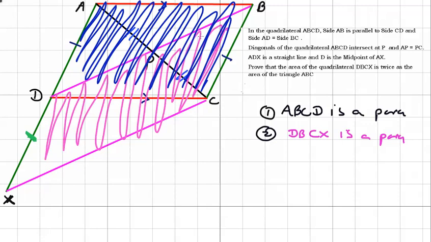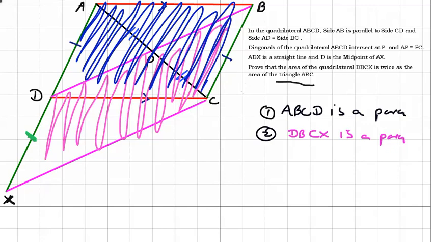Because I see that triangle ABC is inside the quadrilateral ABCD, that is inside the blue color quadrilateral. And what's AC? It's a diagonal.